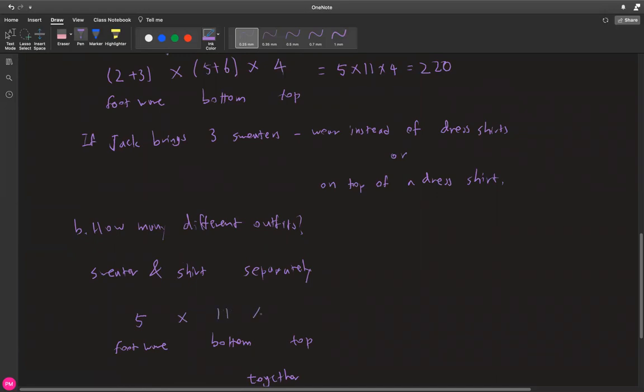And for the top, we know that we had 4 different dress shirts, and there are now 3 additional sweaters. And since we can wear either one of those, we're just considering it as one top. So now that's 7. So by multiplication rule, if you multiply 5, 11, and 7, you're going to end up with 385.